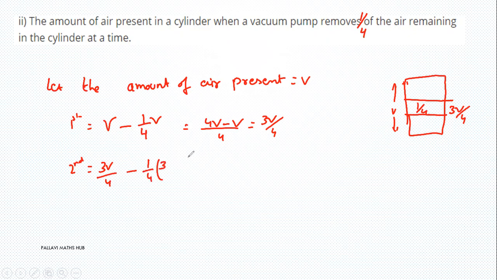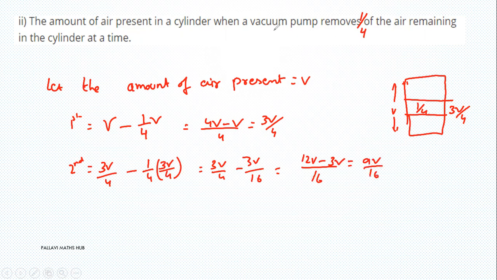The air present in the cylinder is 3V/4. Now 3V/4 minus 3V/16, simplify this one, 4 fours are 16. Now take the LCM. LCM is 16. Here 12V minus 3V is equal to 9V/16. Again in the next step.